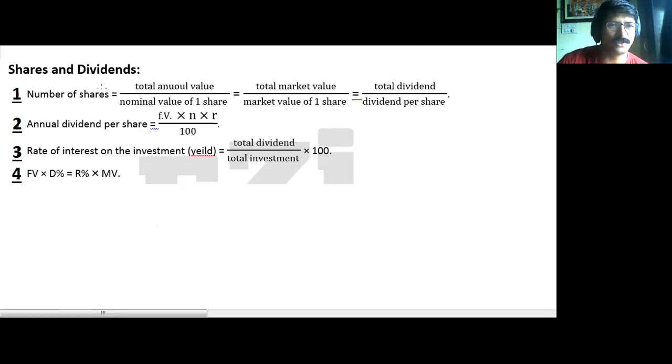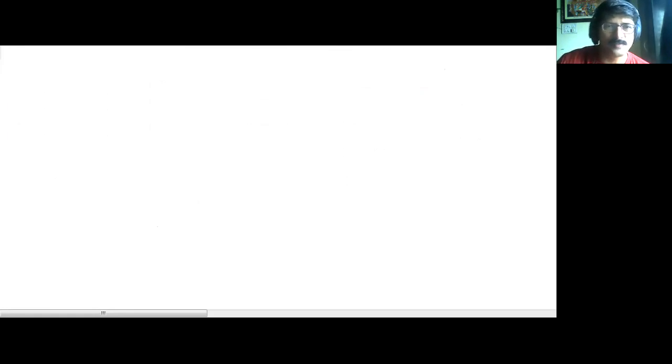So what are these formulas, or what are shares? Let's understand first of all. I'm explaining what exactly shares are. Suppose there is Mr. X or Mr. A, and he wants to start, let's say, any business. For that he requires say 1 crore fund.